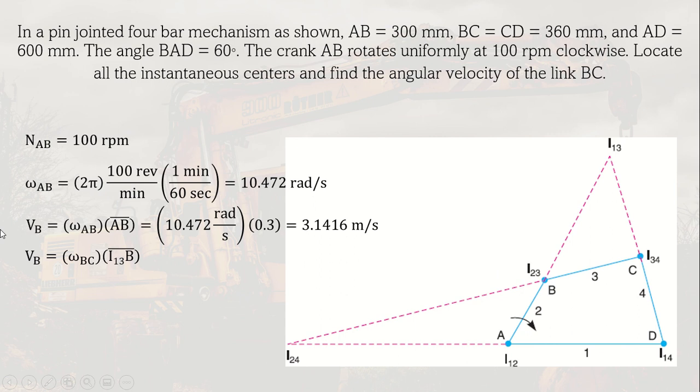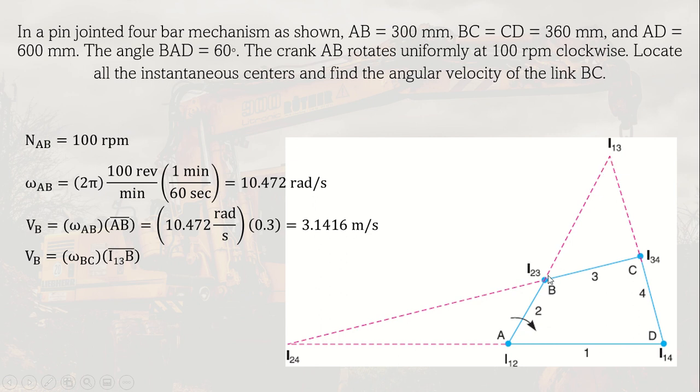The concept of Centro is also that the velocity of B is equal to the angular velocity of this link BC times the distance of point B to this instantaneous center I3.